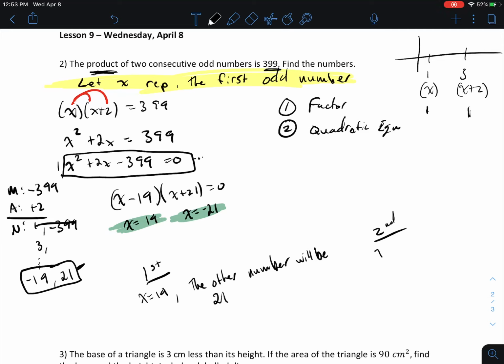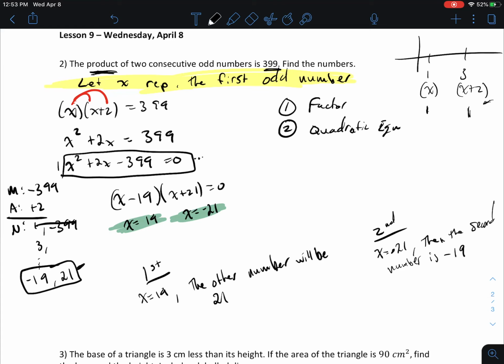My second solution says that x is equal to negative 21, then the second number is going to be negative 19 because I have to add 2 to the first number.